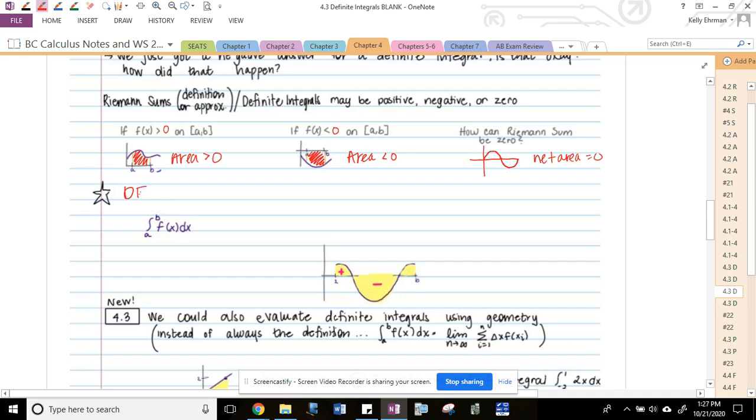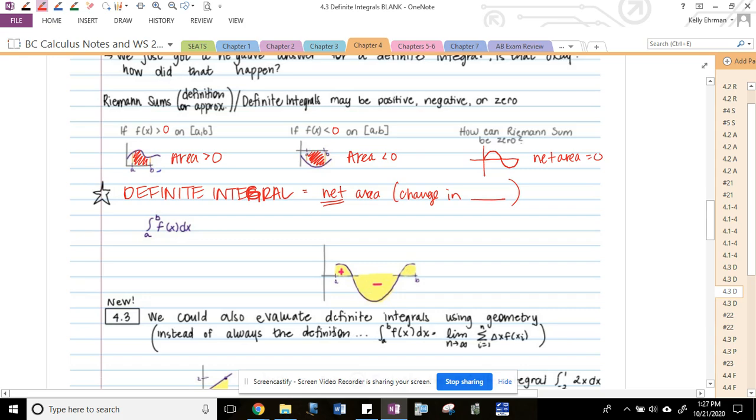So our big idea here is that a definite integral, meaning an integral that has these little boundaries, like from 1 to 2 or whatever. Started talking while writing. It's always bad. A definite integral is always equal to a net area. Or if you want to think of it as a change in something, you can.